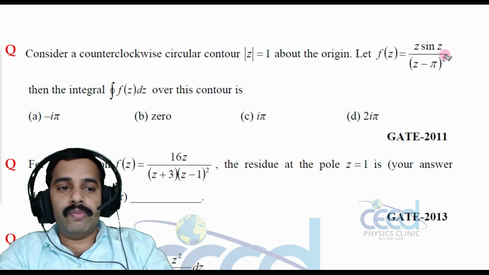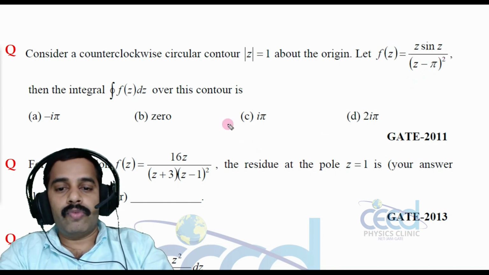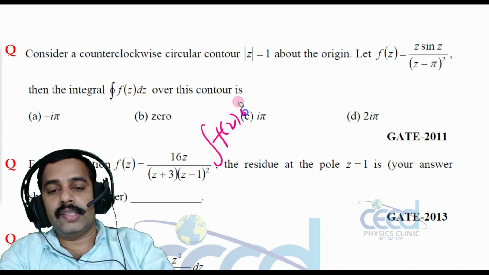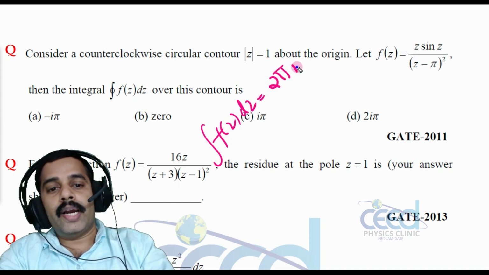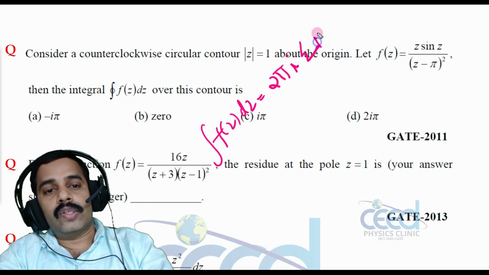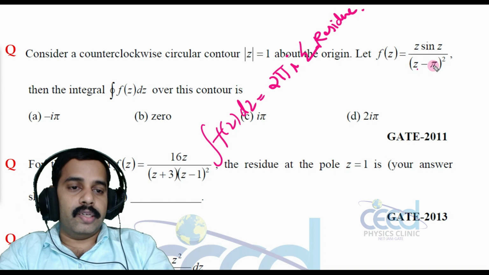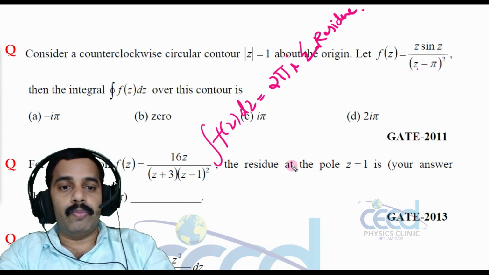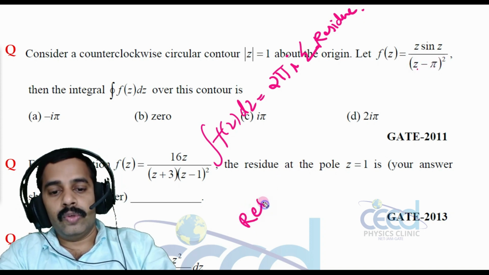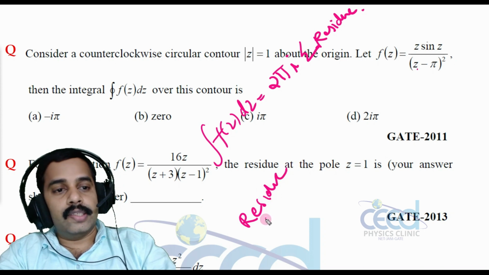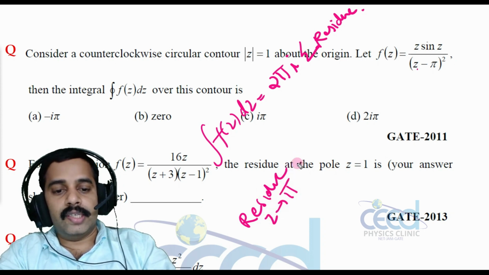So how can we calculate? The integral of f of z dz is equal to 2 pi i into sigma residue. So what is the pole? z is equal to pi is a double pole. So we can calculate the residue at z is equal to pi.